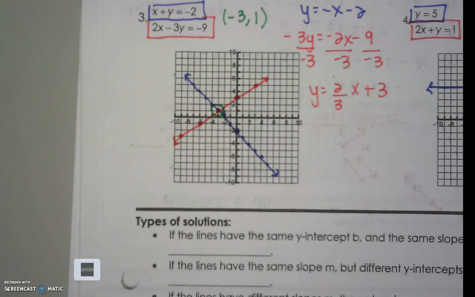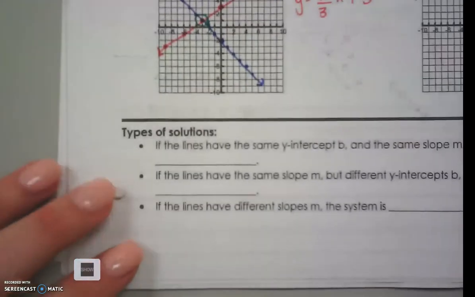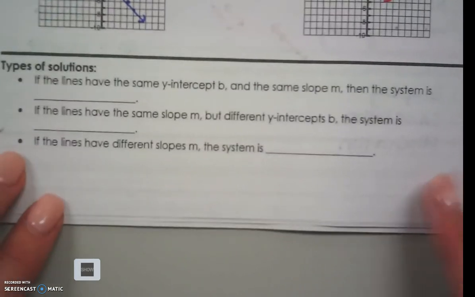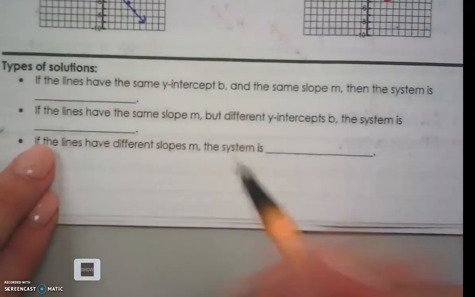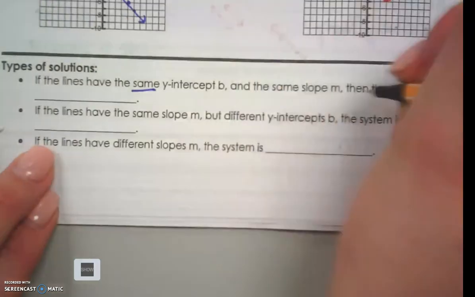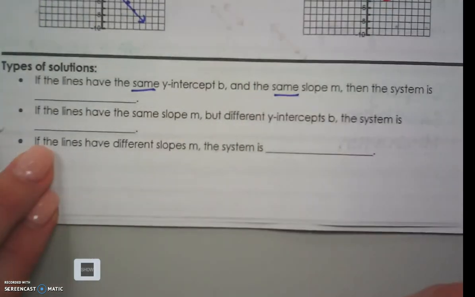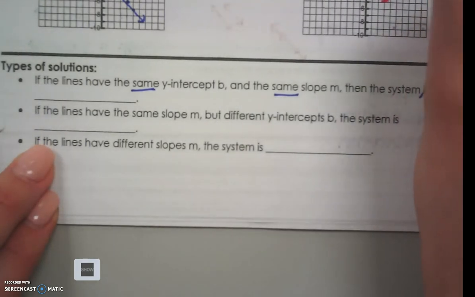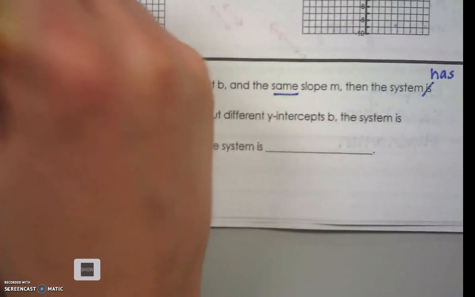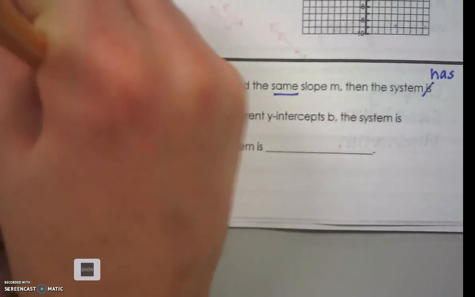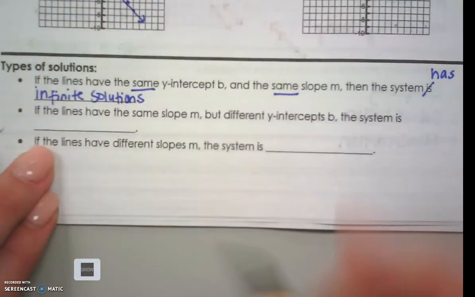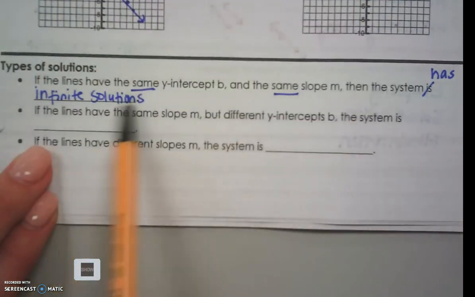Now let's look at the fill in the blank options here. Good test questions, good reminders for y'all. If the lines have the same y-intercept, the same slope, then the system has infinite solutions. You're graphing the same line, so every point on that line will be a solution.